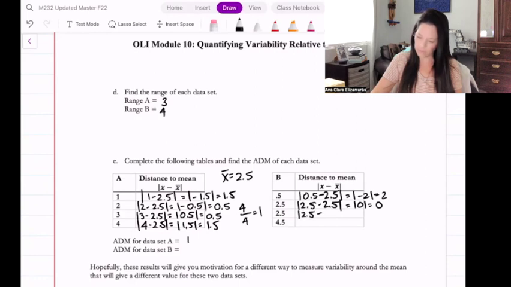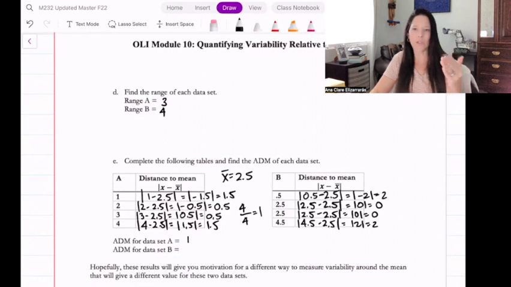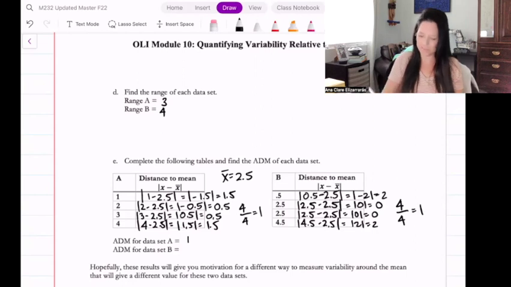We take 2.5 minus 2.5 again. Then we're going to take 4.5 minus 2.5 absolute value, which is the absolute value of 2, which is 2. Adding that together, we get 2 plus 0 plus 0 plus 2 is 4. And 4 divided by 4 is also 1.